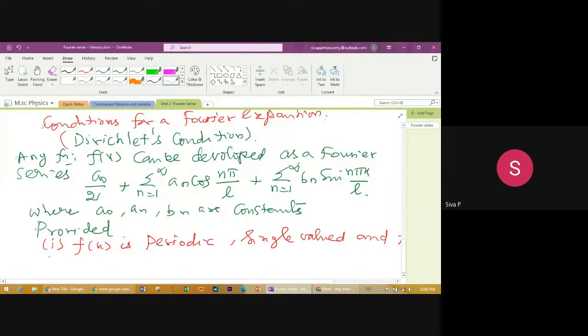Second point is, I think it is not visible. The previous one is also visible.